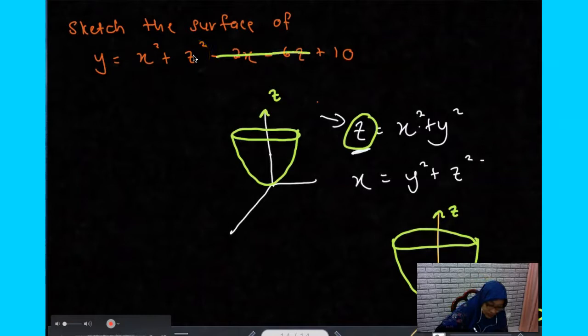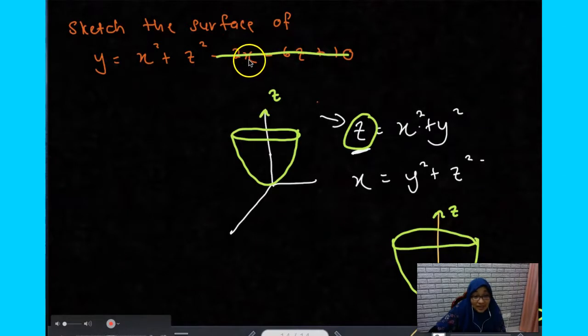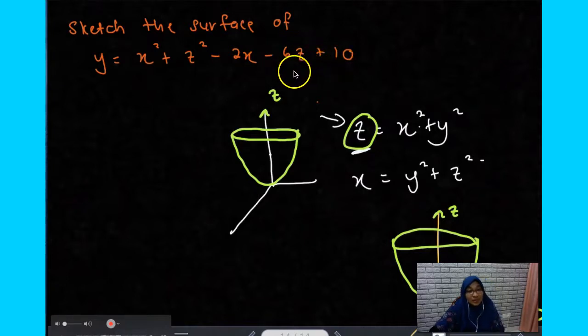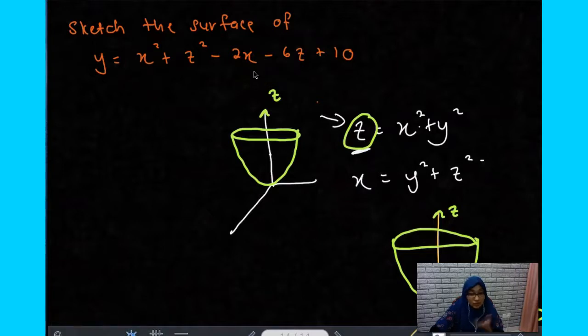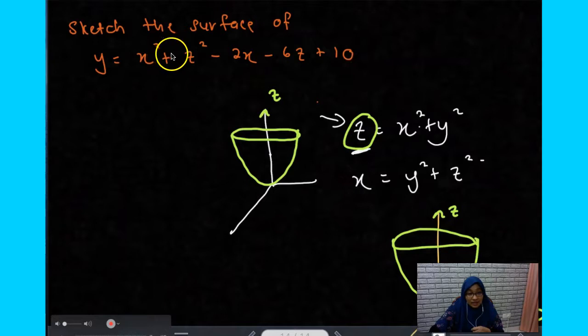If we have just this x squared plus z squared, so we know we have a ball, but now we have the linear term here. You have the linear term of x and you have a linear term of z. So meaning that before you start to find the traces or whatsoever, you have to simplify this quadratic.